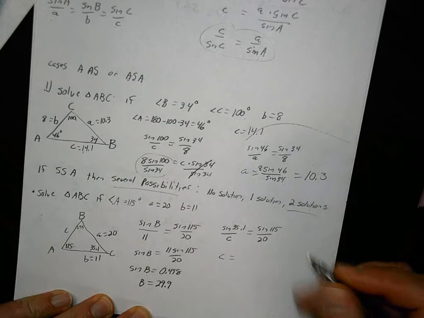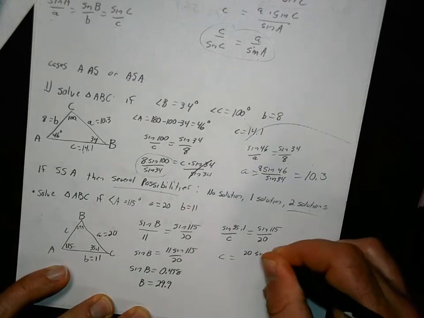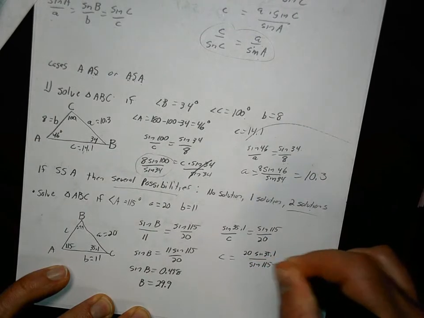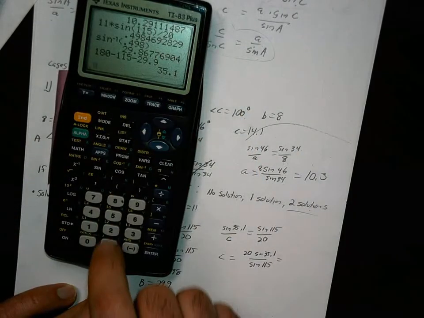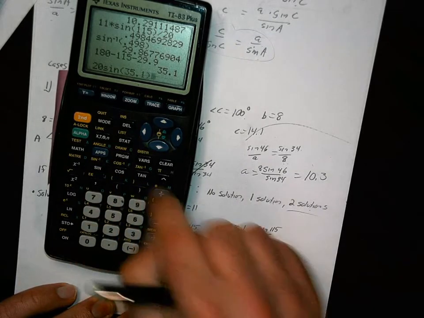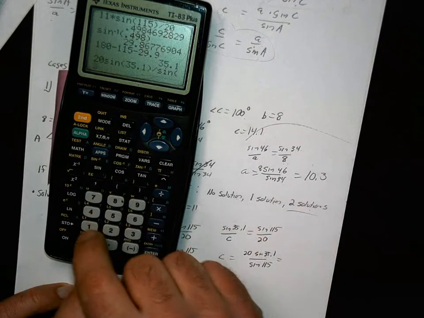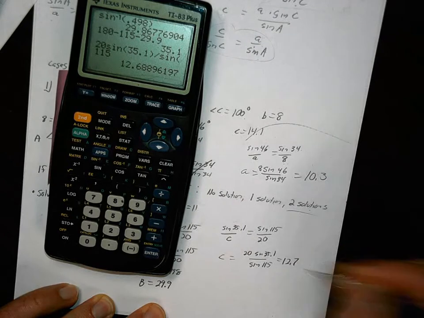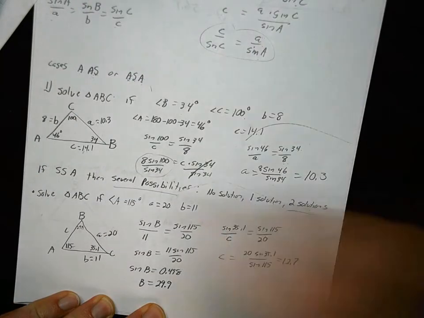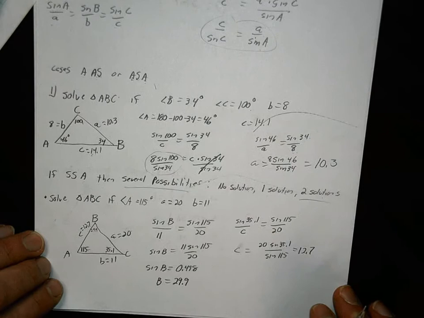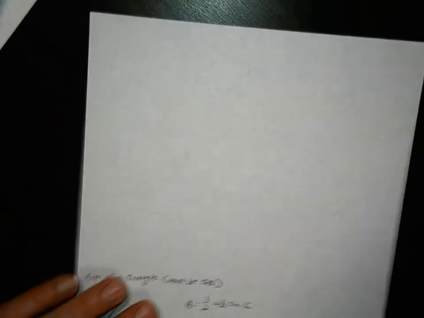So C is going to be equal to 20 sine of 35.1 over sine of 115. That's 12.7. So that one is done. Okay, so I got another one.